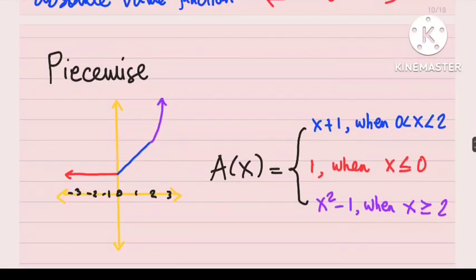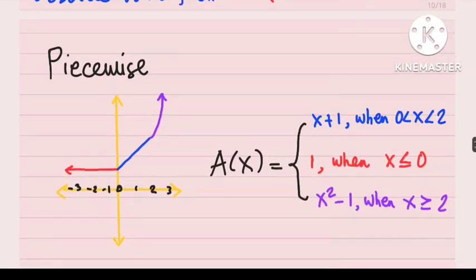For a second example, we see here that the rule of our function says you will use x plus 1 when the value of your x, your input, is between 0 and 2, not including 0 and 2, because there is no line.